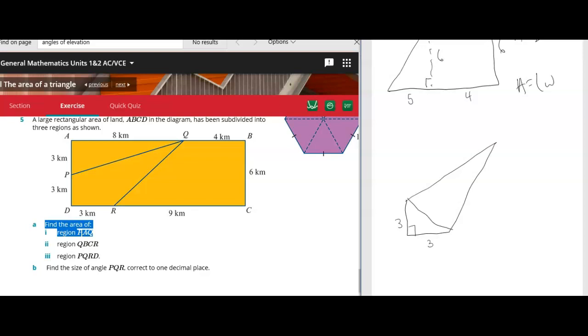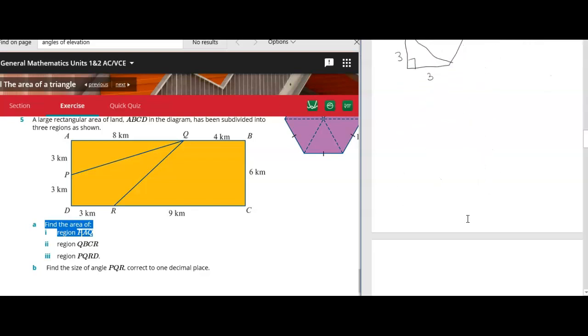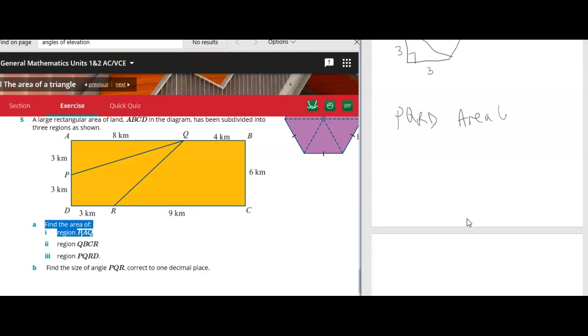PQRD is just the area left behind. So let's just skip this diagram for now, because we can use that for B actually. So PQRD is the area left over. In the first 2 parts, we were finding this area here and this area. So then we're left with this. So you can just do your whole rectangle, which is going to be 8 plus 4 is 12. So it's a 12 by 6. Is that 72?